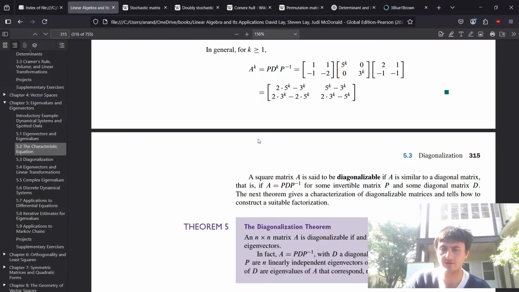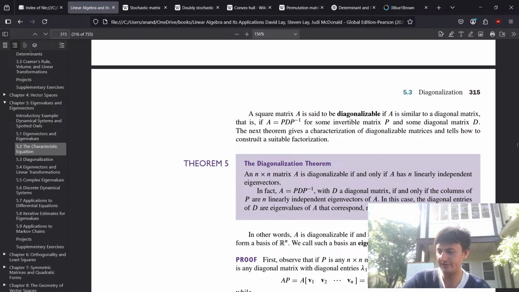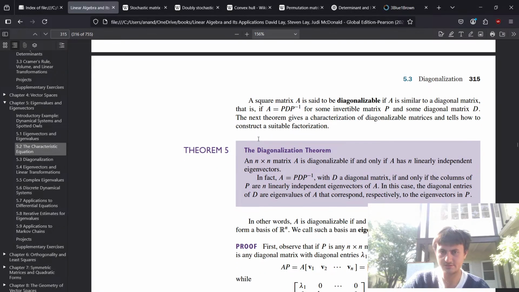So Theorem 5: an n by n matrix A is diagonalizable if and only if A has n linearly independent eigenvectors.